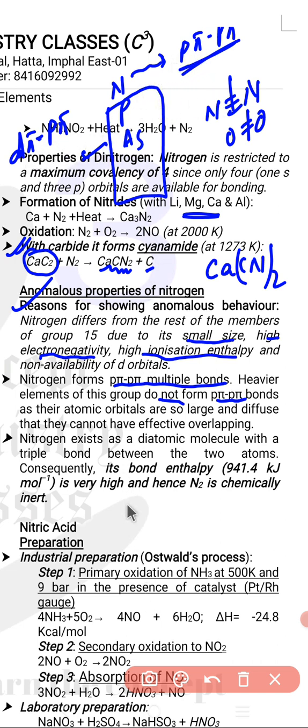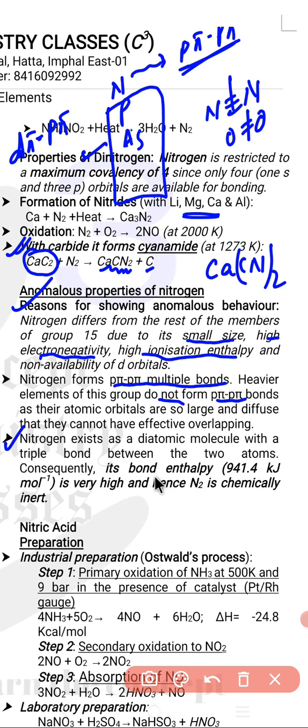Okay, next important point is nitrogen exists as a diatomic molecule with a triple bond between the two atoms. Consequently, its bond enthalpy, or you can say bond dissociation energy, is very high, that is 941.4 kilojoule per mole, and hence nitrogen is chemically inert.